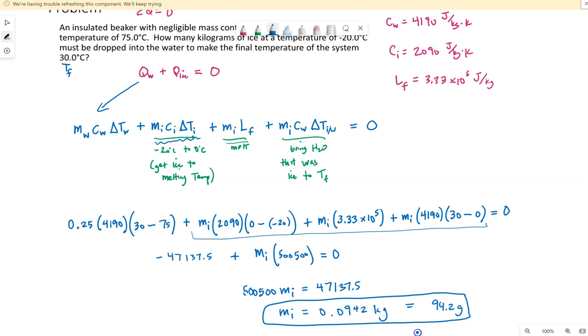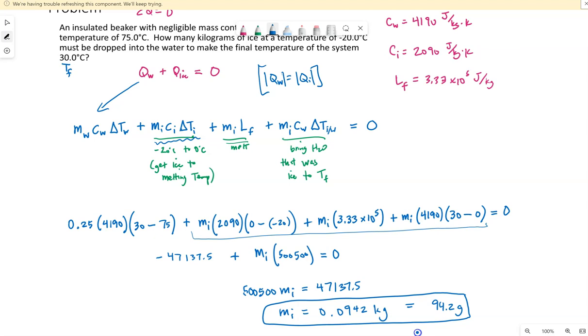Now, just a reminder, I mentioned this in a previous video. It's very common to want to say Q of the water is going to be Q of the ice, which in general is true, but that's true in terms of the absolute values. The amount of energy the water gives to the ice does equal the energy the ice takes in.